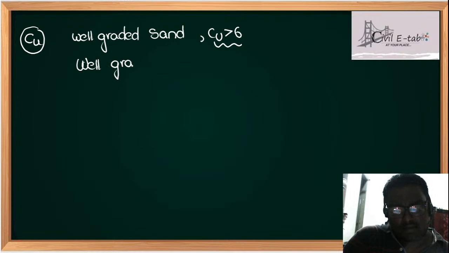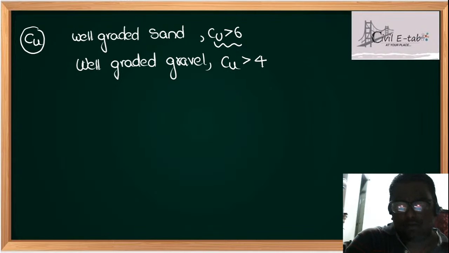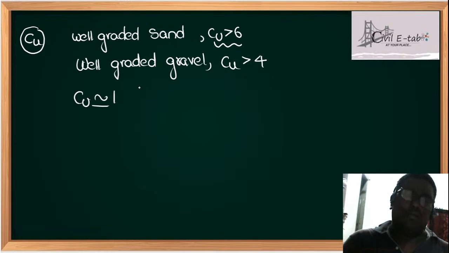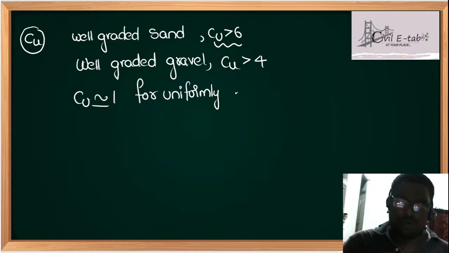Cu should be greater than 4, and Cu is approximately equal to 1 for uniformly graded soil. For the gap graded condition, I'll be telling you, don't worry.